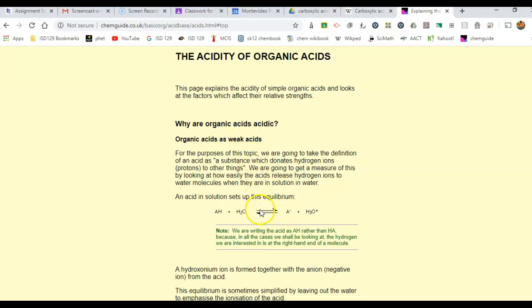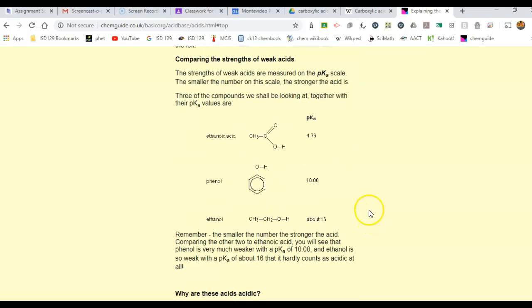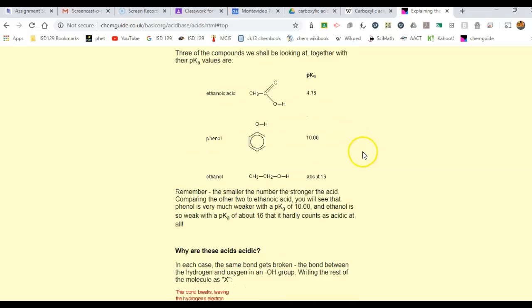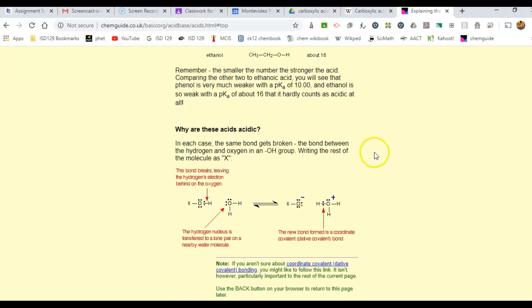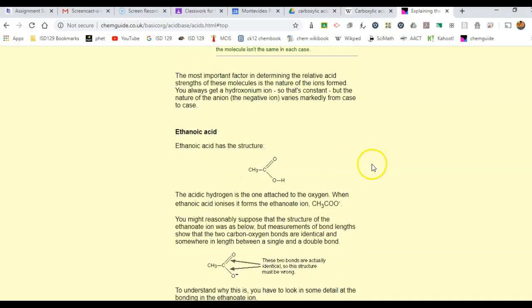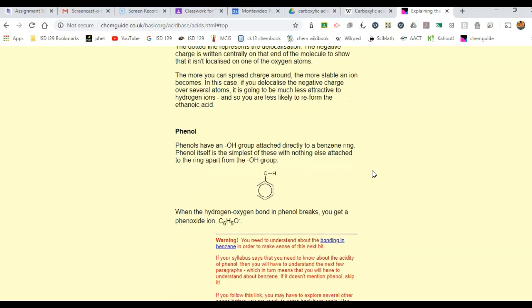There's that equilibrium we talked about, forming the hydronium. Remember hydronium from last year? And once you get beyond the basics here, this is stuff that, while you will do in a college class, we're not going to cover. But you can read it if you're interested or bored or super sure you're going to get into vet, dentistry, medicine, organic chemistry, nursing. They're all going to do organic chemistry. And they go through a ton of information, and it's a really good website.